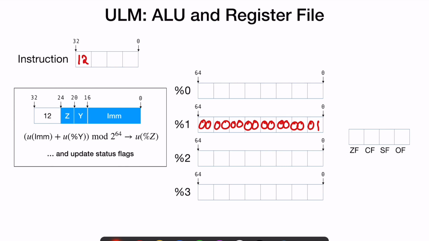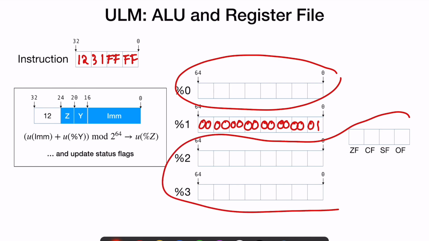For example, the next hex digit would be 3, then hex 1, hex F, hex F, hex F, hex F. That means these 16 bits here are all equal to 1. Now, it's about understanding what would happen if we now would execute this instruction. And you will see it's not relevant what we have in all these boxes here. Basically, you can consider these bits here as undefined.